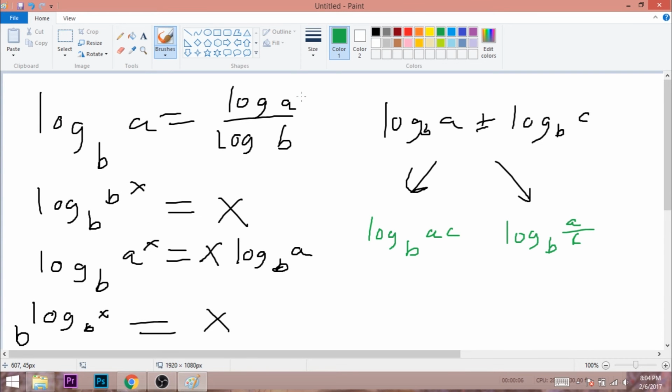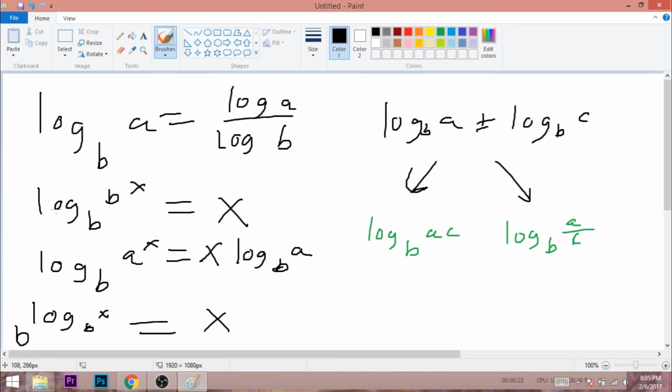Now I'm going to talk about logarithms, and these are the rules you want to remember. Log base b of a is equal to log a over log b. This is essentially log base 10 of a over log base 10 of b.